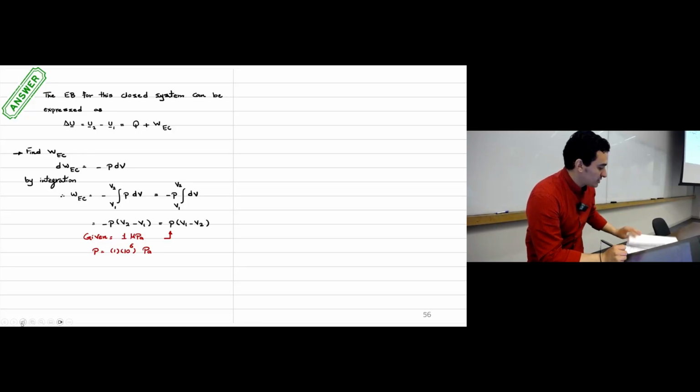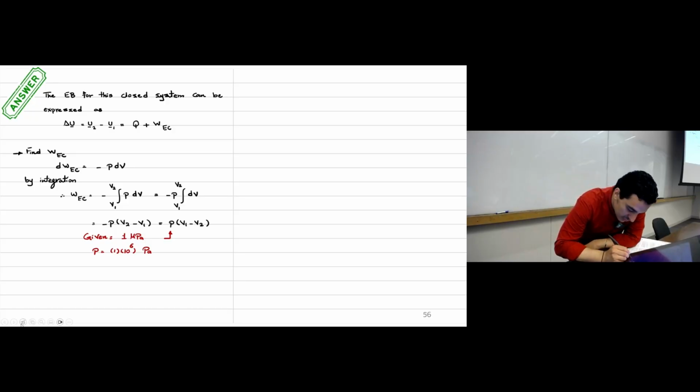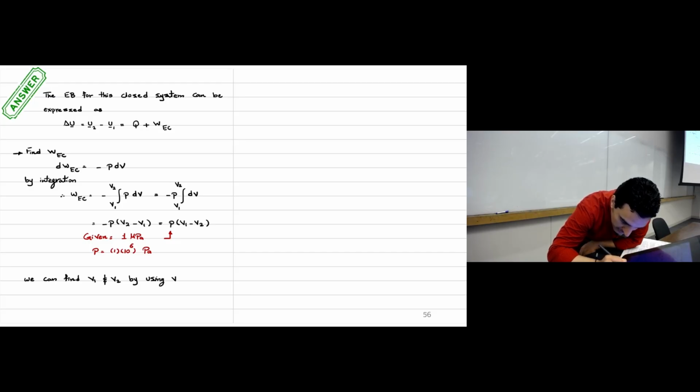But he said we can use the Van der Waals equation of state. So we can find V1 and V2 by using the Van der Waals equation of state.